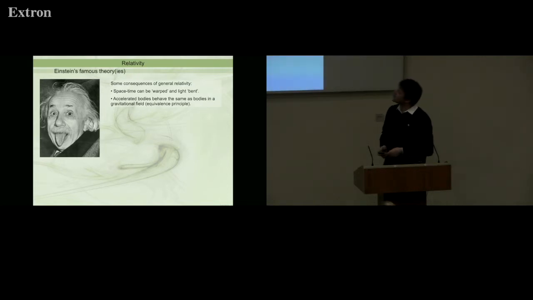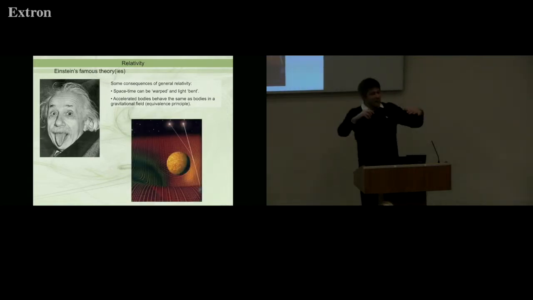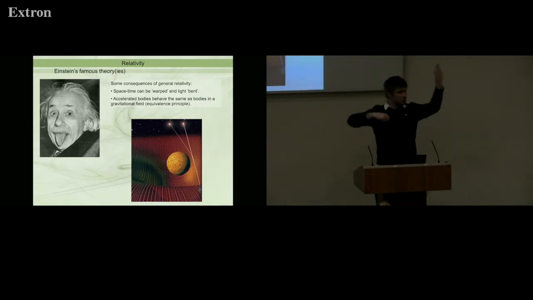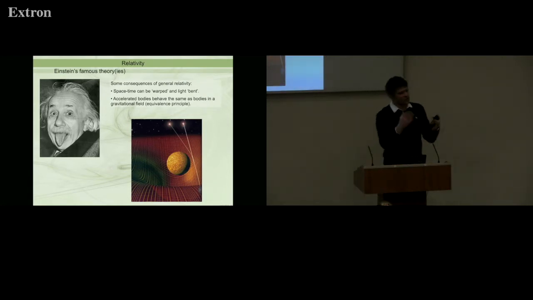For instance, space-time can be warped and light can be bent. Space-time is like this fabric containing the 3 spatial dimensions we're used to, and also time as an extra dimension. We used to think of time as something very different from lengths, but in terms of calculating quantities, they're essentially the same. It doesn't matter if you're talking about time or lengths.